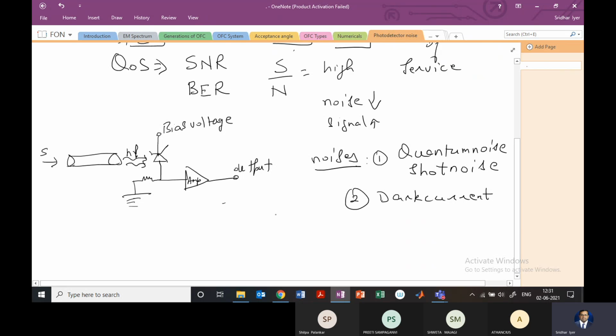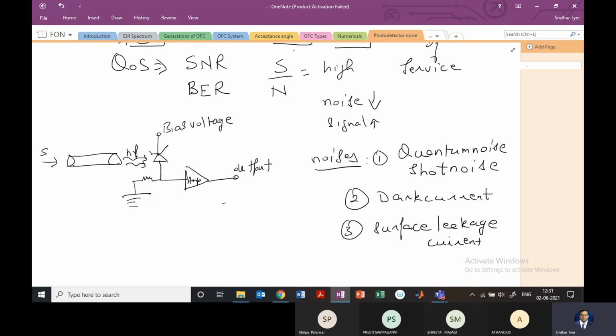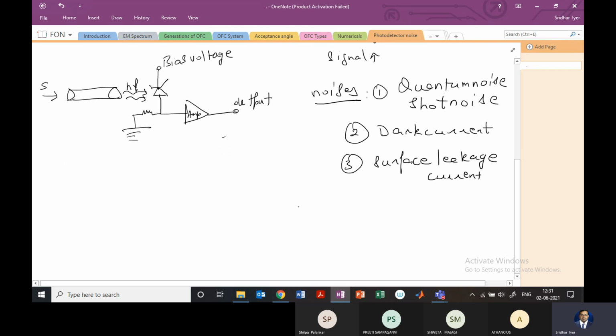And then there is another, usually negligible current, which is known as the surface leakage current. Surface leakage current, right? So these are some of the important noises that would occur in the system, and the most common, right?